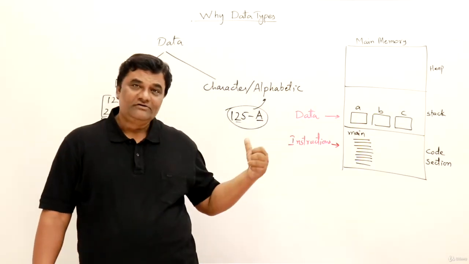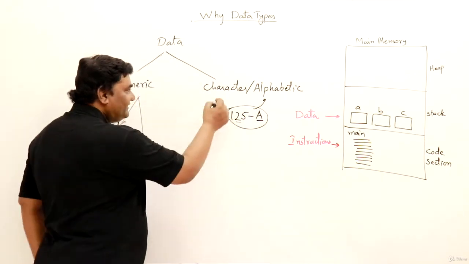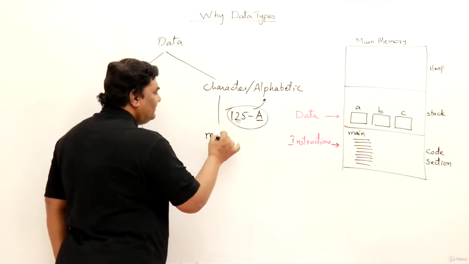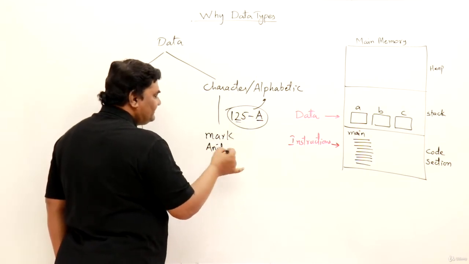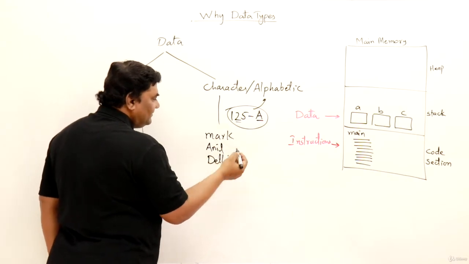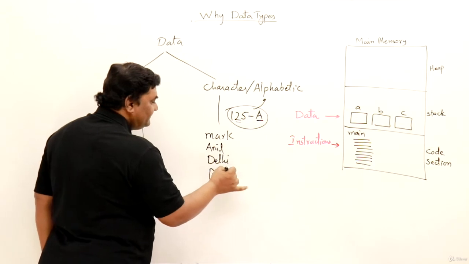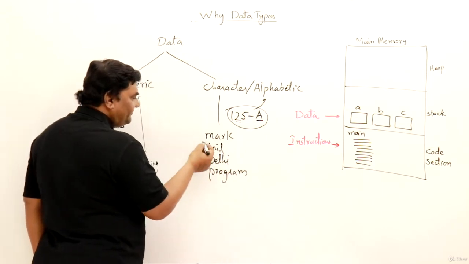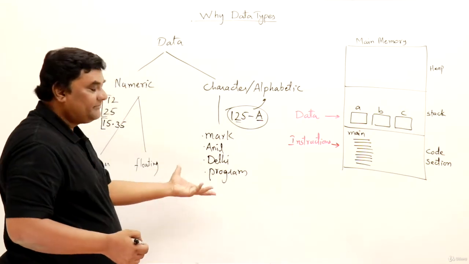Then next, coming to this side, that is characters. If I write a name, that is Mark, or Anil, these are names, or the name of a place, Delhi, right? Or any word, program is a word. It may be the name of a person, the name of a place, or any word from the dictionary.